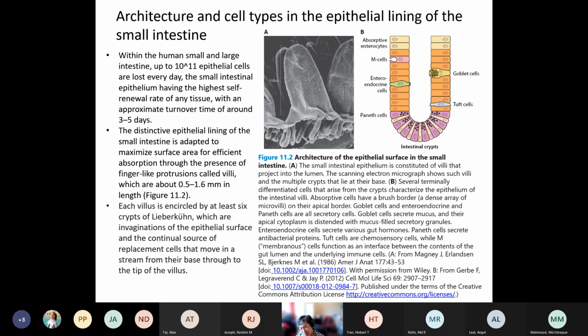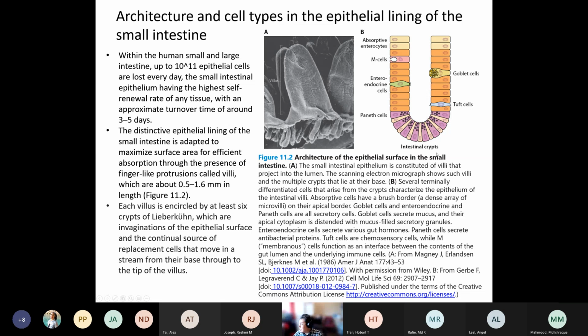Because the villus is performing the function, while the crypt is hidden or buried deep under that villus. You would think maybe the stem cells will be in that crypt. That's a straightforward thinking.